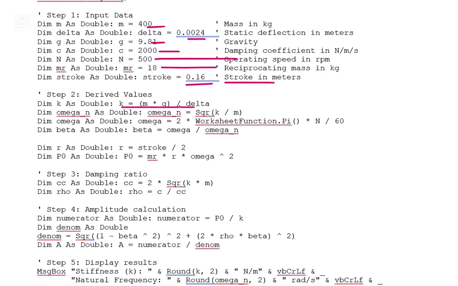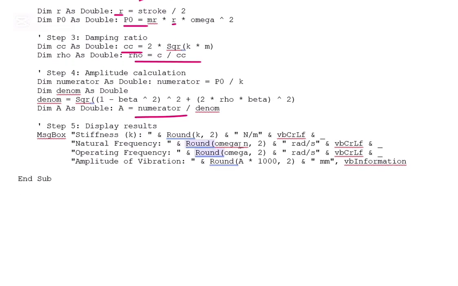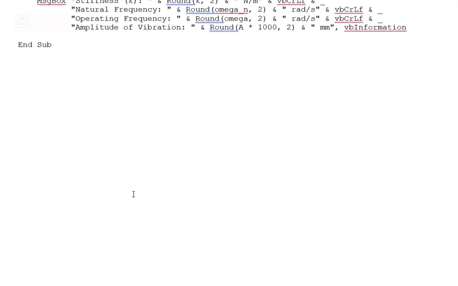Then we find the stiffness value, natural frequency, beta ratio, the r value, exciting force, damping ratio, and amplitude calculation, including the square root of 1 minus beta squared, P naught by K, numerator and denominator. If you divide it, you can see the stiffness value, operating frequency, natural frequency, and amplitude of vibration. All these things we can find out.